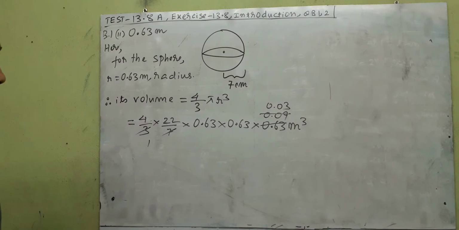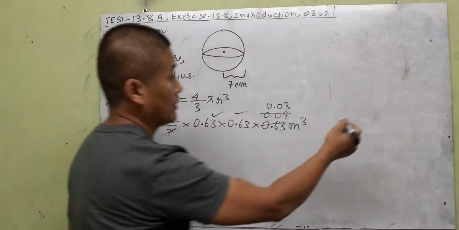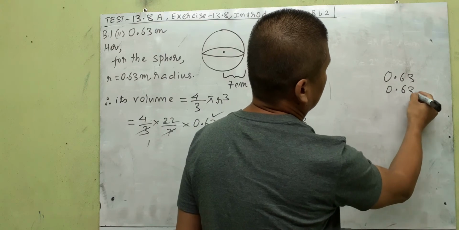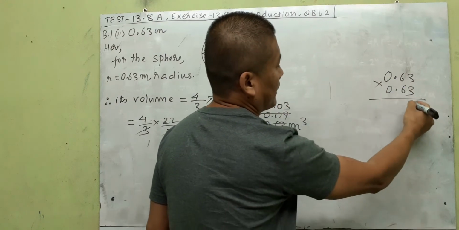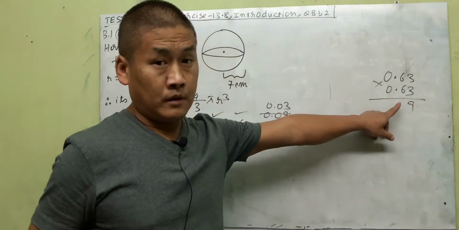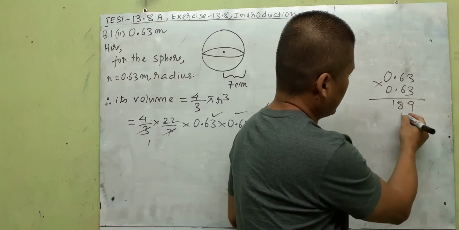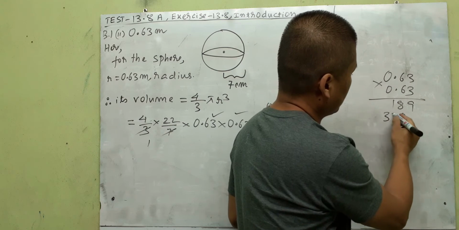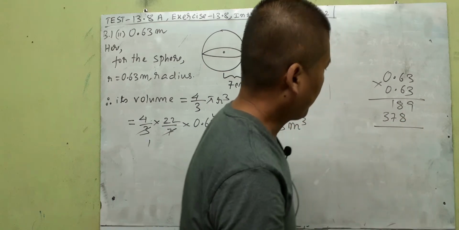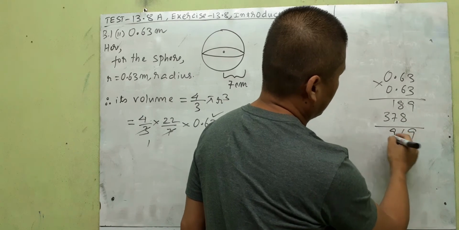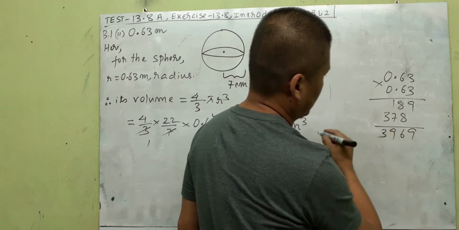So we may as well multiply these two and see. 0.63 multiplied by 0.63, 3 3s are 9, right, and 3 6s are 18, then 6 3s are 18, 1 in hand, 6 6s are 36, 37, and 9 here 16, so 8 9, and here 3.